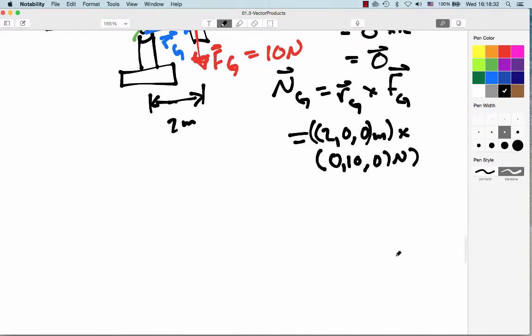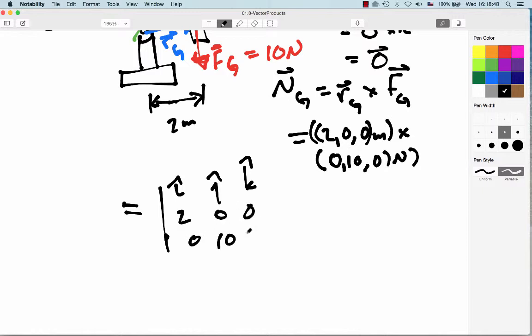The way you handle the units is to just multiply them, so that's all fine. So we're left with my torque being equal to, well, we can do i j k, 2, 0, 0, 0, I'm sorry, not 10, minus 10, because we're pointing down, 0, negative 10, 0, Newton meters.